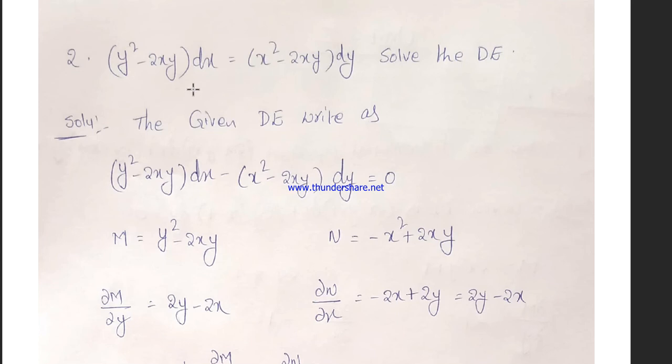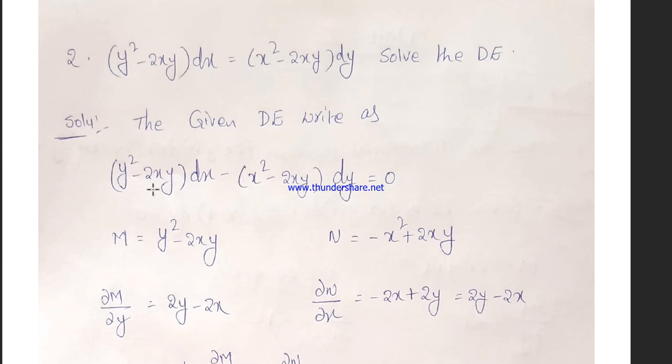If you take this term into the LHS, we get the equation in the form M dx plus N dy equal to 0, that is (y square minus 2xy) dx minus (x square minus 2xy) dy equal to 0. Here the dx coefficient is considered as M and the dy coefficient is considered as N.